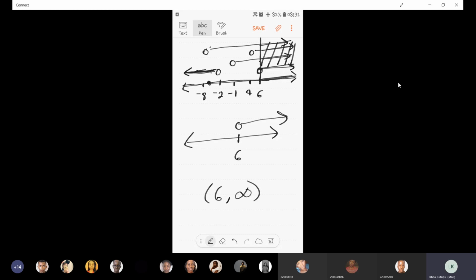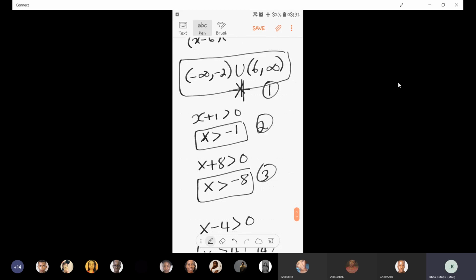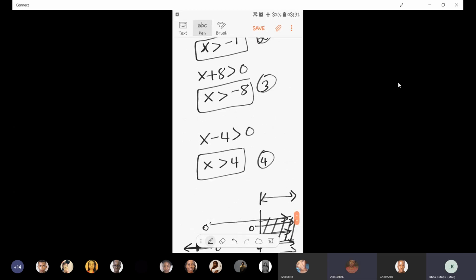Over here, only this condition is met, this side. That's not what I want. Then the logarithms will not be defined. So it must fit into the solution that I got here, the one with the star, and the logarithms must also be defined. That's why the solution is only from that to that. Okay, thank you, ma'am. Okay.